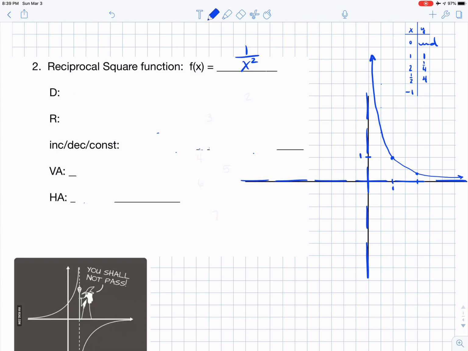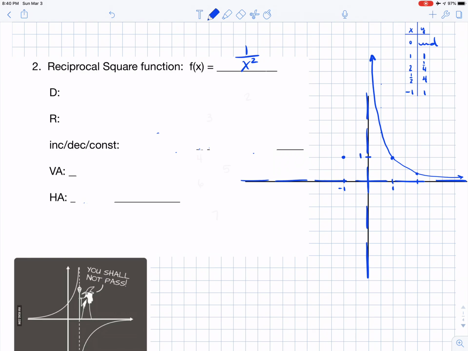Now let's think about our negatives on the other side of the graph. So when you plug in a -1, this is going to be 1 over -1, and that entire -1 is squared. And we know that when we square a negative, we get a positive. So this is actually going to be a positive 1 here. So we have the x value of -1 yields a y value of positive 1.